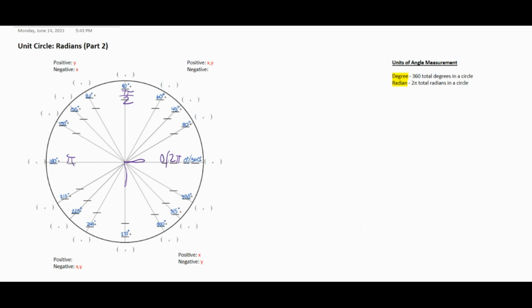Next, you can see that this 270 degree angle covers a total of 3 sections. Right here, 90 degrees, 180, and then 270, meaning we have 3 pi over 2. So 270 degrees is equal to 3 pi over 2. Now we can move on to the 45 degrees.